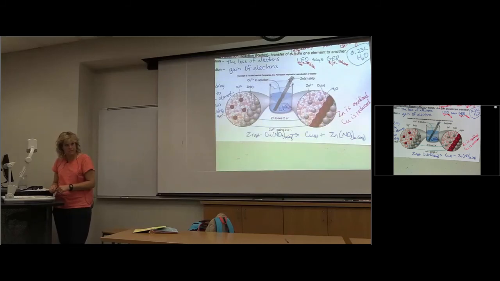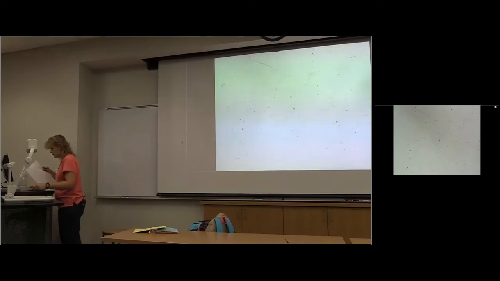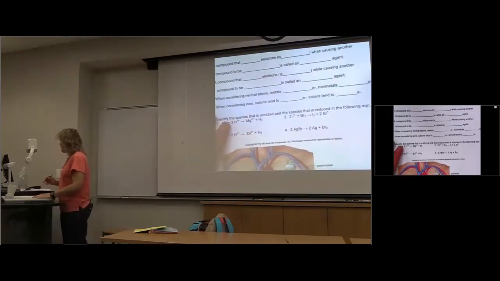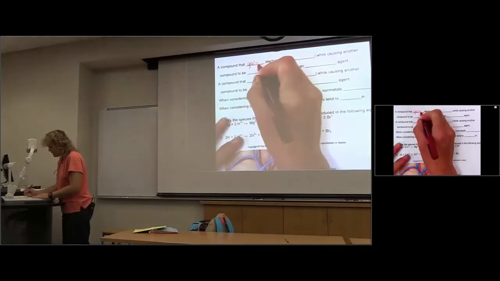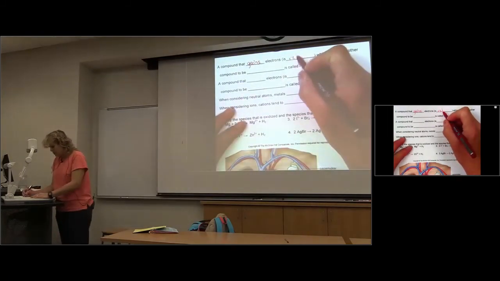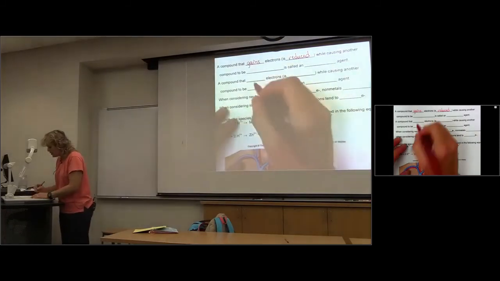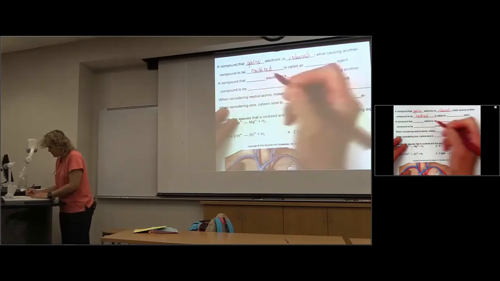Yes or no? All right, let's look at another scenario. Some of you like sentences, so here's the sentence for you. A compound that gains electrons is reduced. Do you agree with that? Yes. While causing another compound to be oxidized.